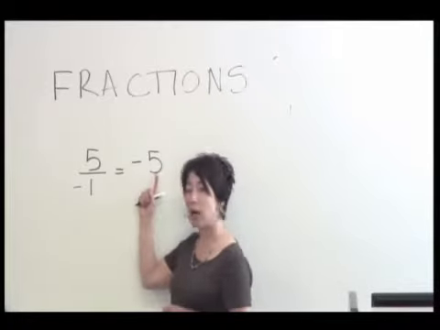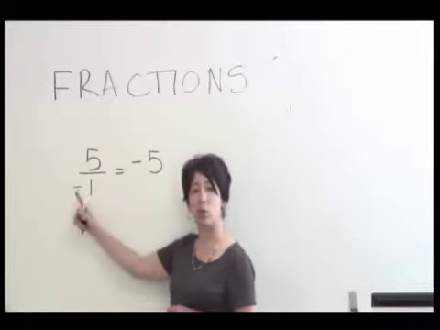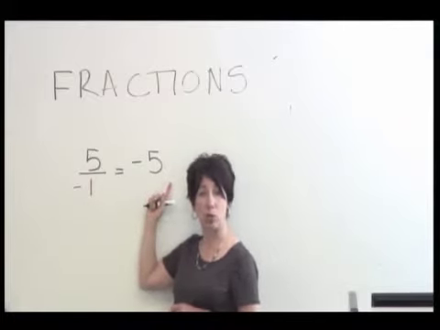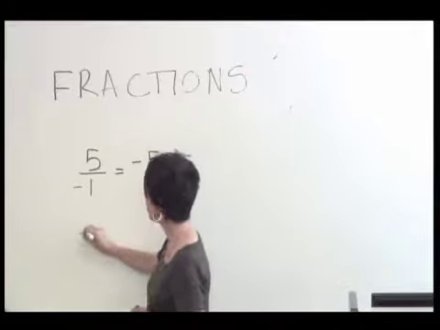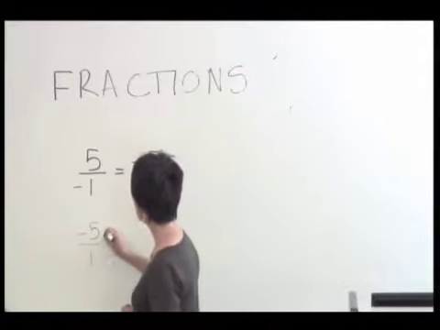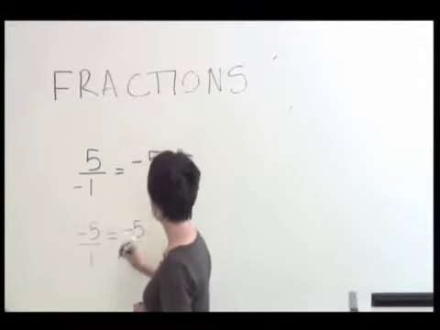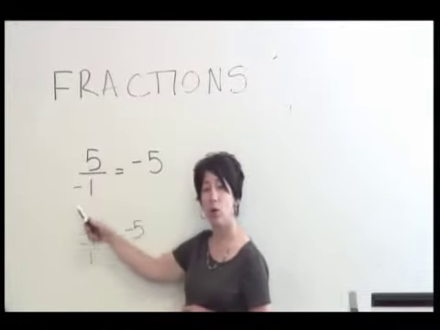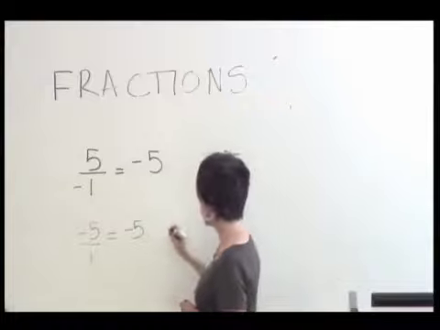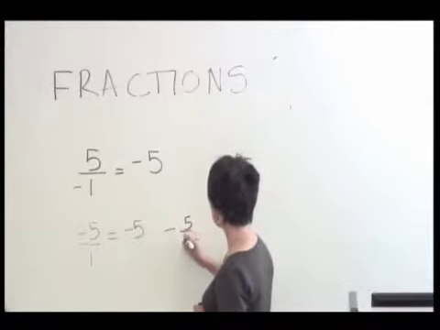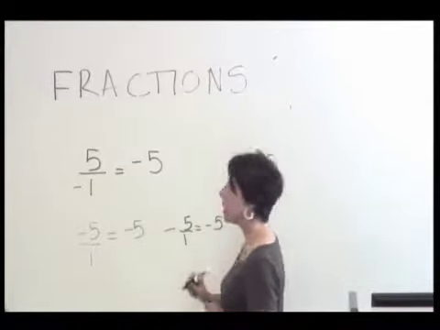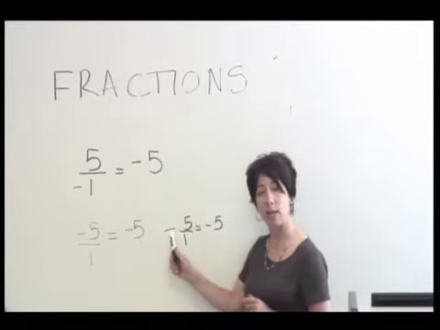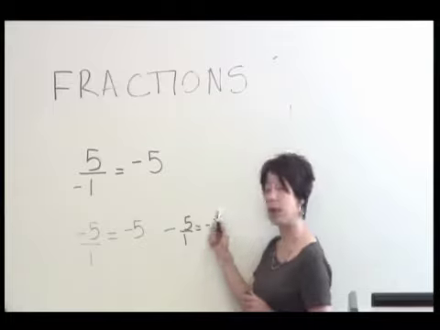It would be 5, that would be the fraction simplified, and there's one negative symbol, so that means my final answer, my quotient, is going to be negative. And it doesn't matter whether the negative symbol is in the denominator or the numerator or even in front.